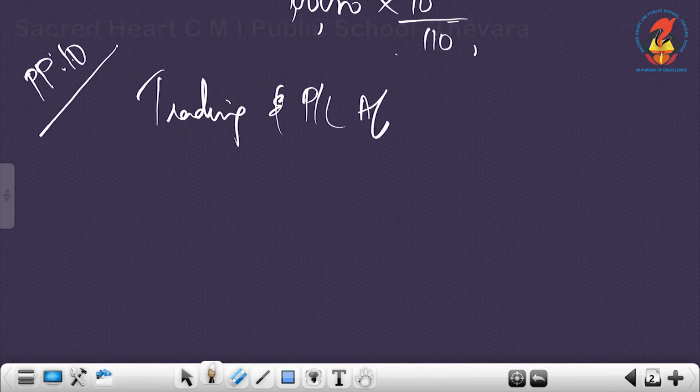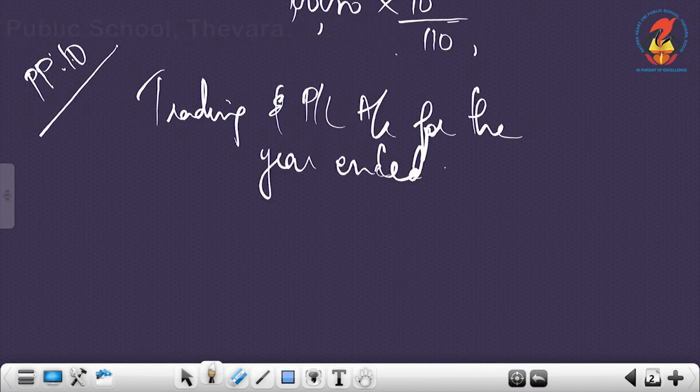Trading and P&L or profit and loss account for the year ended 31st March 2020.